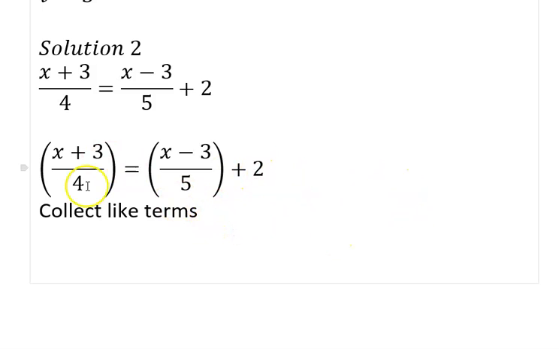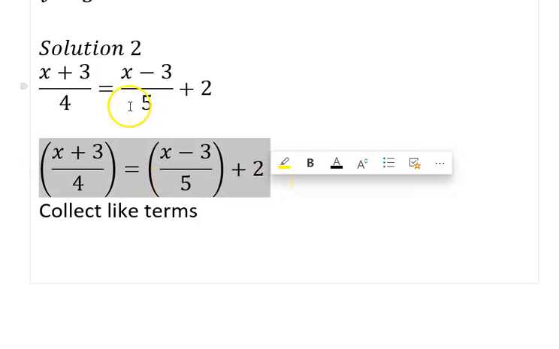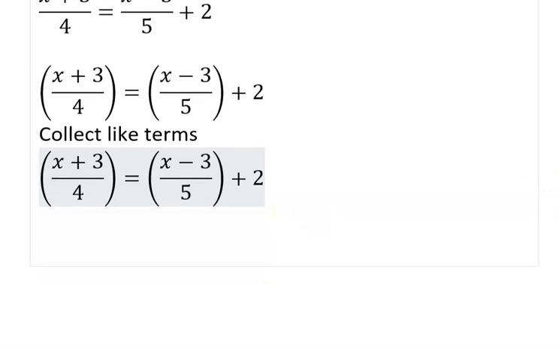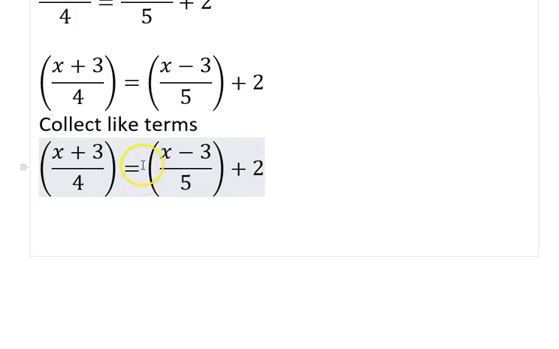So if you actually want to collect like terms, let's bring this down here. Now let's collect the like terms. What I've done is still the same thing as what we have here. I just put them in brackets so that we will not get confused. So this is plus.